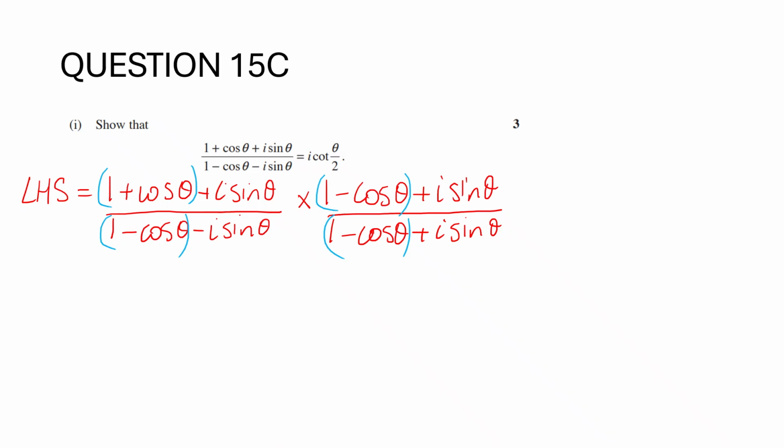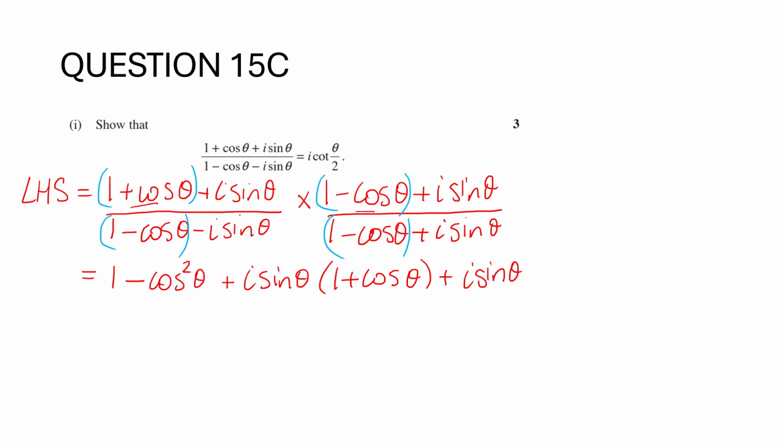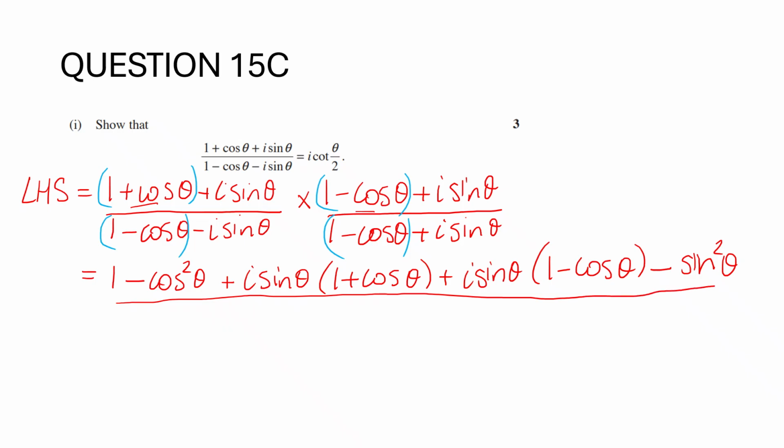Alright, so it equals, by multiplying that by that, I have the difference of 2 squares, so that's 1 minus cos squared theta plus i sine theta, 1 plus cos theta, plus i sine theta, 1 minus cos theta, plus i squared, so that's minus sine squared theta, all over I've got this times this, so 1 minus cos theta all squared, and I have the difference of 2 squares here, so minus i squared, so that's plus sine squared theta.